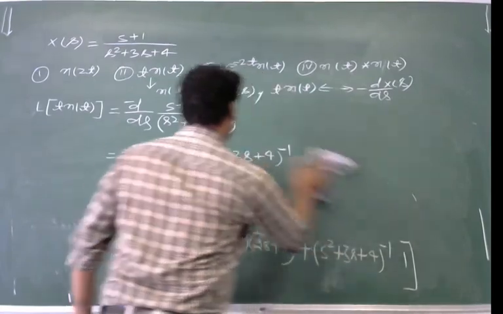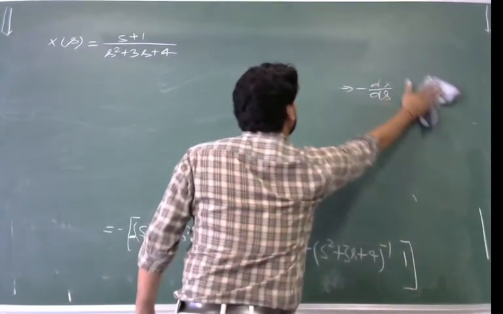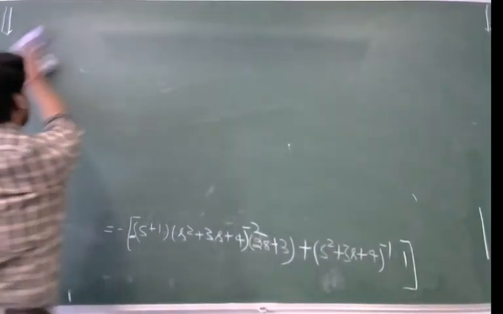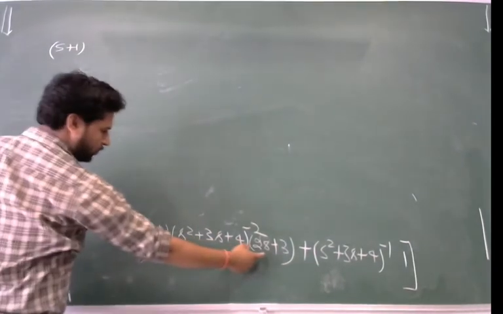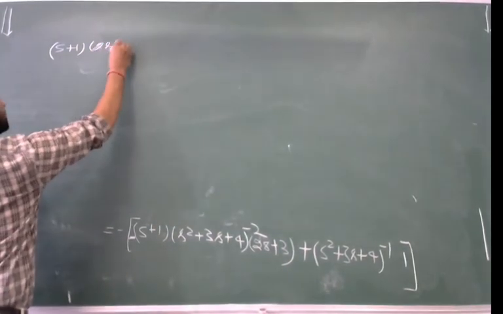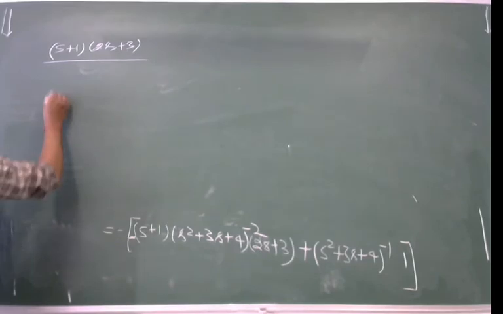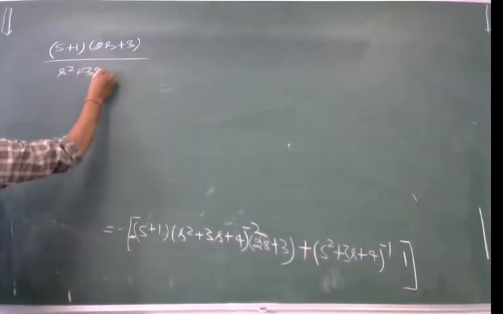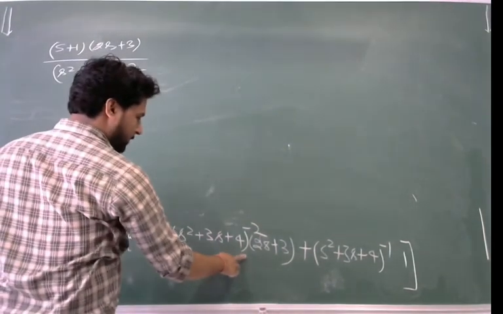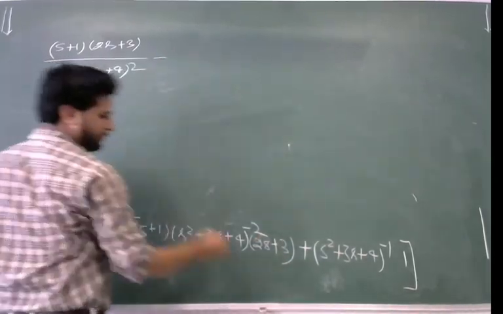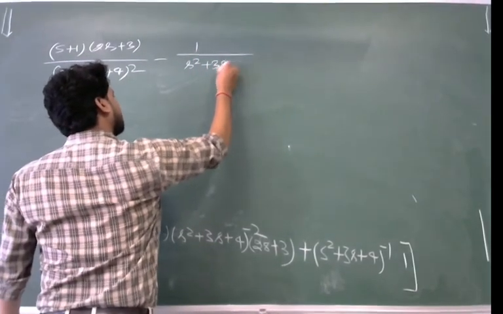Now open the bracket and this will become (s + 1)(2s + 3) upon (s² + 3s + 4) whole square, minus 1 upon (s² + 3s + 4).